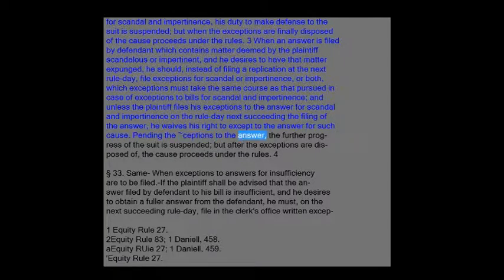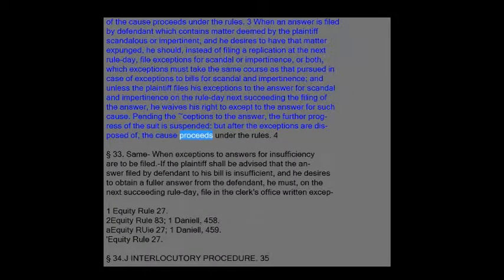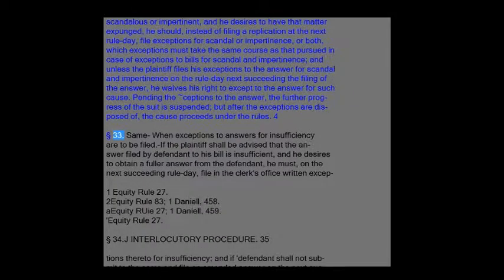Pending the exceptions to the answer, the further progress of the suit is suspended, but after the exceptions are disposed of, the cause proceeds under the rules.